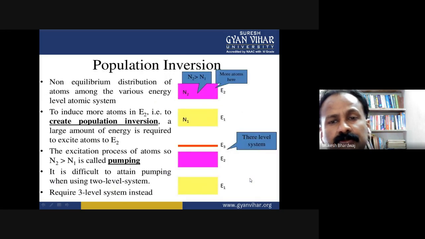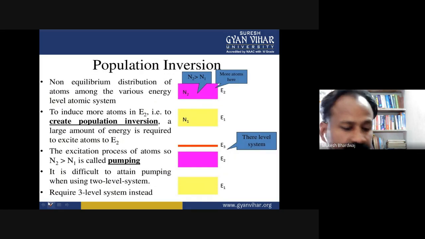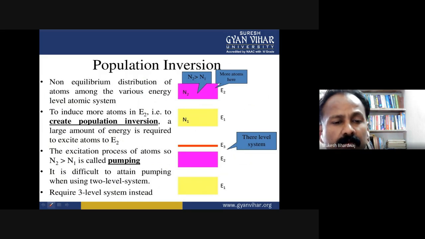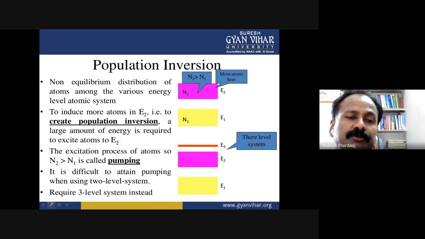Next, population inversion. Non-equilibrium distribution of atoms among various energy levels of an atomic system, to induce more atoms in E2, that is to create population inversion. A large amount of energy is required to excite atoms to E2.